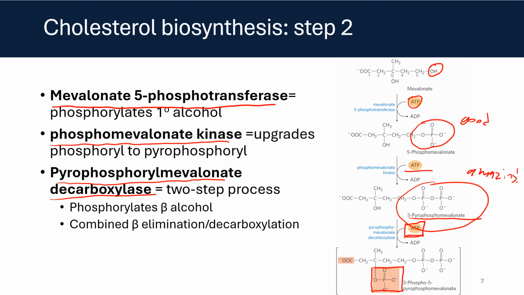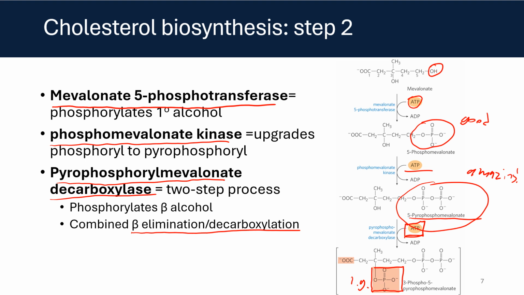This phosphate is going to serve as a good leaving group. And we need that leaving group to facilitate a combined beta elimination and decarboxylation reaction that I'm going to show next. Because our goal here is to turn all of this into a terminal alkene.